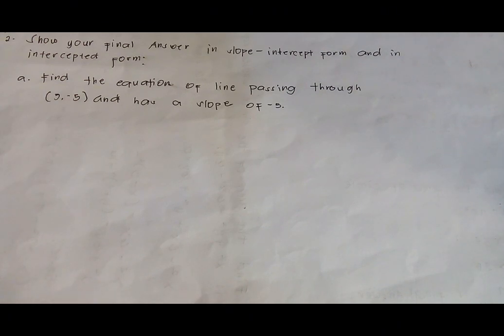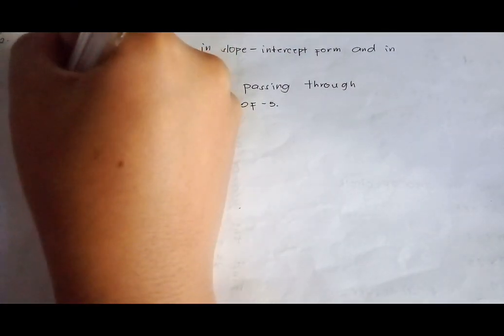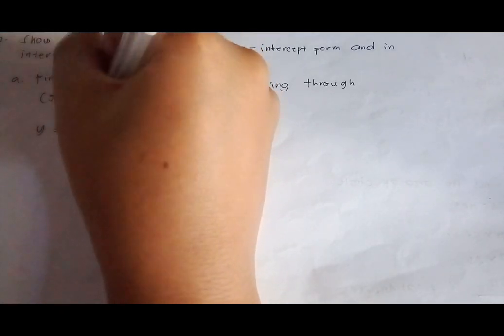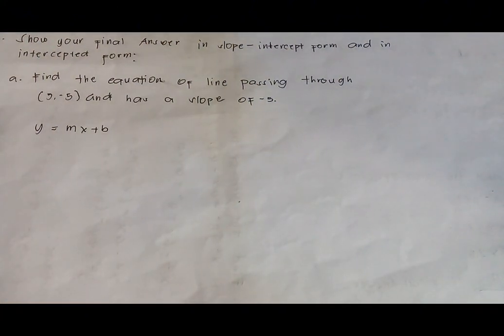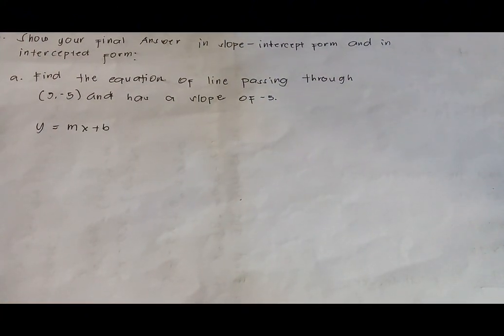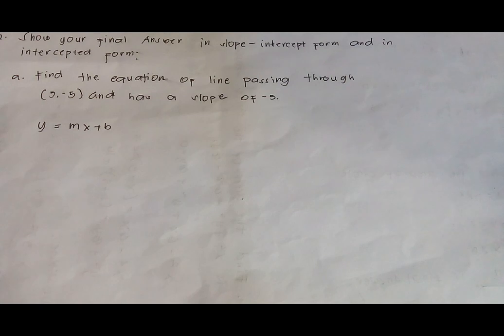The general form of the equation of a line is y equals mx plus b, where m is the slope and b is the y-intercept. So, the slope, or m, is equal to negative 5, and the point is (5, negative 5).